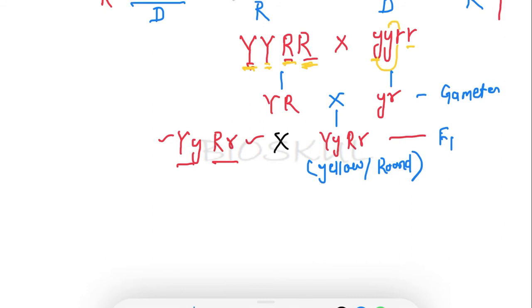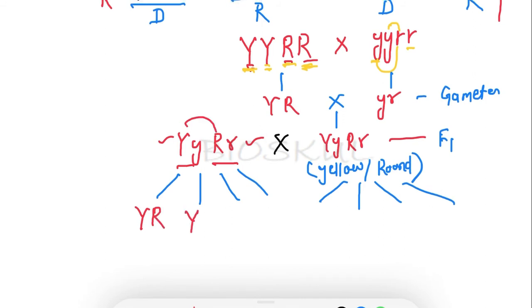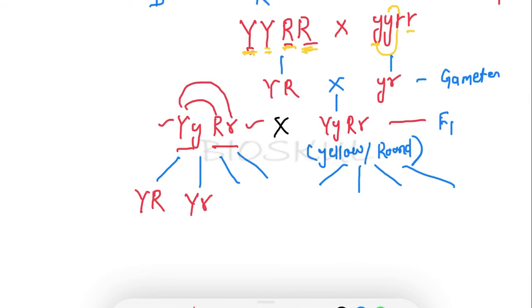If they cross, there will be formation of gametes. Here you will find four different types of gametes: capital Y with capital R, capital Y with small r, small y capital R, and small y small r. So the law of independent assortment says the genes for two different traits assort independently of each other during gamete formation.